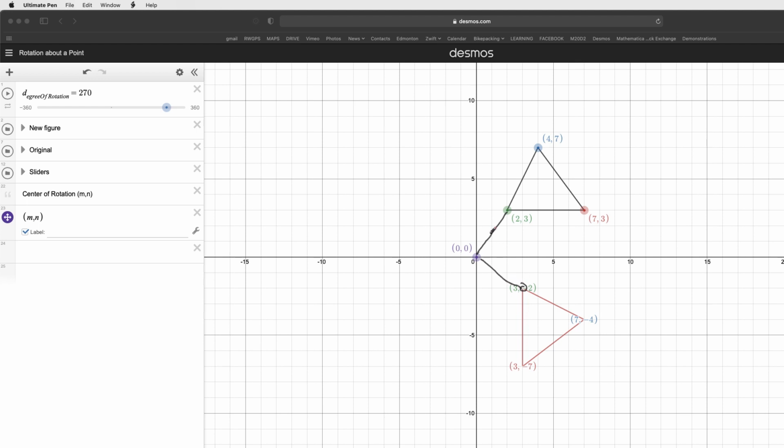So 270 degrees is rotating all the way around this way, and that's counterclockwise. But notice that we get exactly the same answer as going 90 degrees clockwise. So these are related to each other.